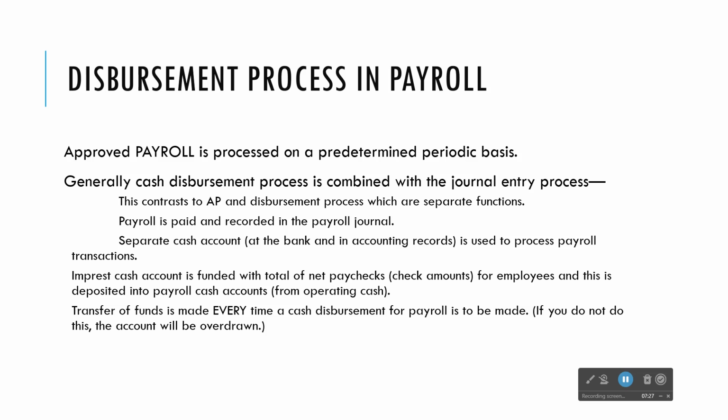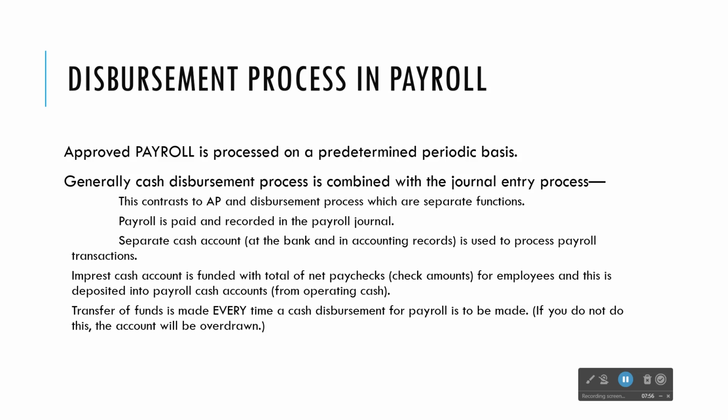There is, as I said before, the cash disbursement process is combined into one journal entry and not creating accounts payable. The other thing that's different here is having a separate cash account both at the bank and in our accounting records to process any payroll cash transactions, the payments that are going to the employees.